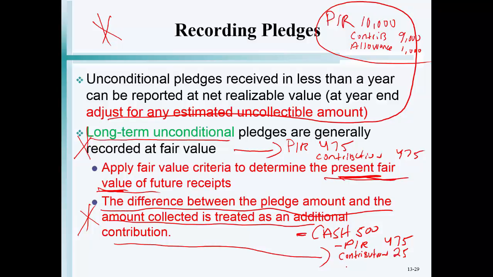And then I credit contribution, $25 for the difference between the previously recorded present value and the actual amount received, right? And you can see that that's specified right here, that the additional amount received when it's finally paid is considered contribution, not interest revenue or anything like that.